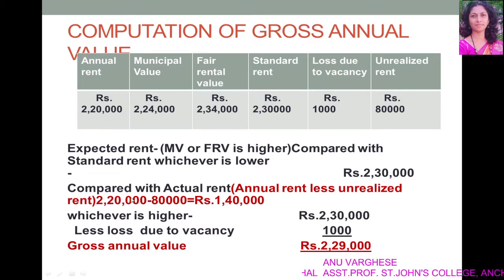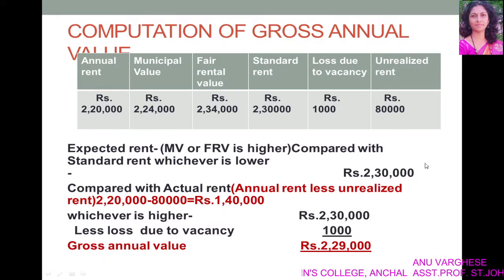So that is expected rent, 2,30,000. Then the next step is you compare with actual rent. Actual rent means annual rent less unrealized rent. Annual rent is rupees 2,20,000 and unrealized rent is 80,000. So actual rent received is 2,20,000 minus 80,000, that is 1,40,000. You compare 2,30,000 expected rent with actual rent received of 1,40,000, whichever is higher. 2,30,000 is higher.